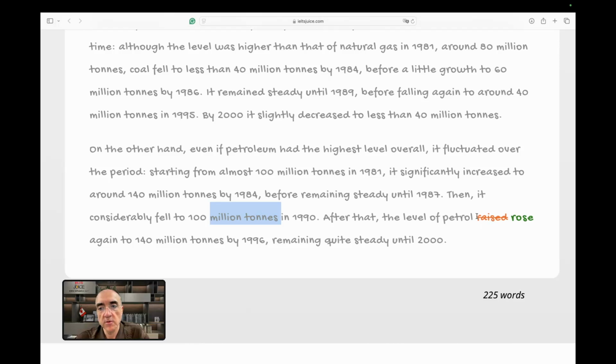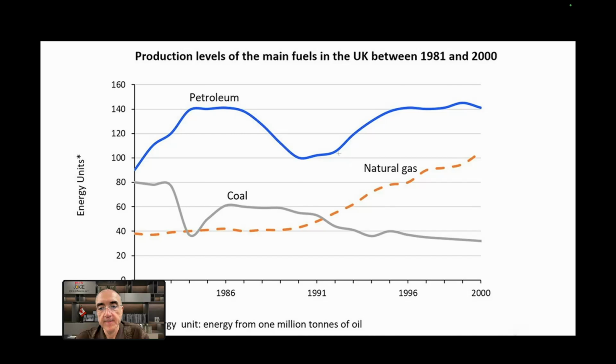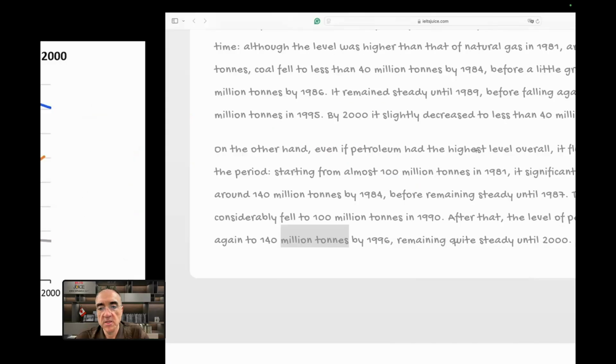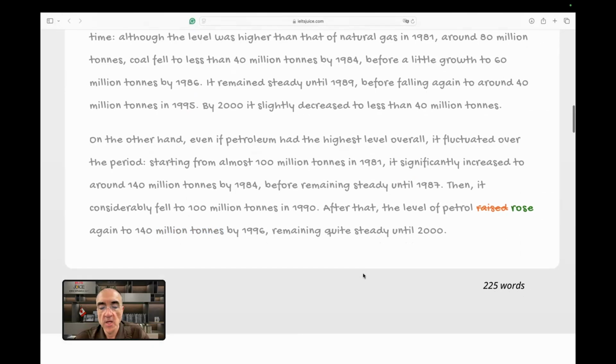And we don't use raise here. Rose again to 140 million tons, wrong, energy units by 1996, remaining quite steady until 2000. Yeah, from 1996, it remained quite steady. Okay, yeah, I can understand.